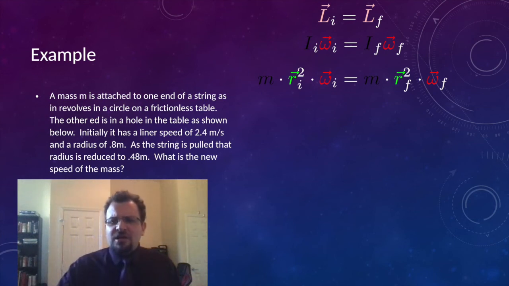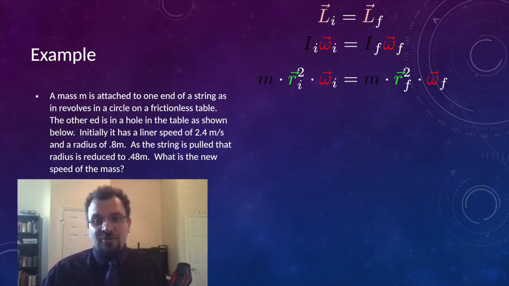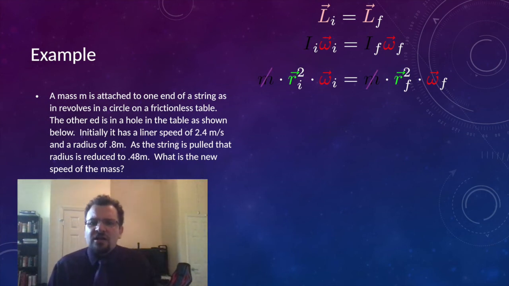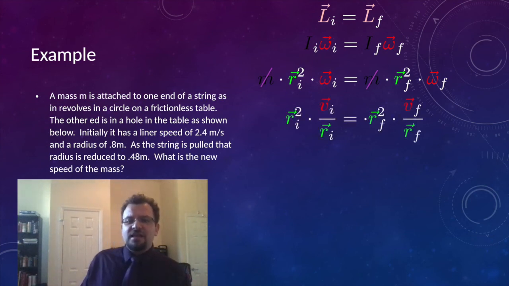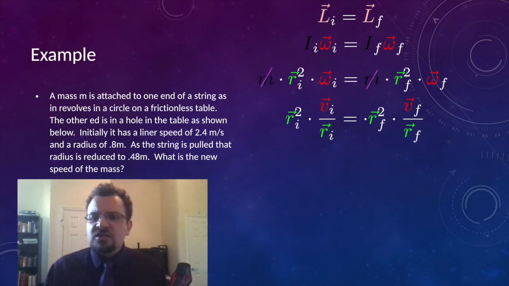You can probably notice that the masses will end up canceling, which is a good thing because it wasn't mentioned in the problem. And we can also go ahead now and split that angular velocities apart because the problem is talking about the linear velocity. So angular velocity, that's going to be the linear velocity over the radius. So I went ahead and split those both apart.